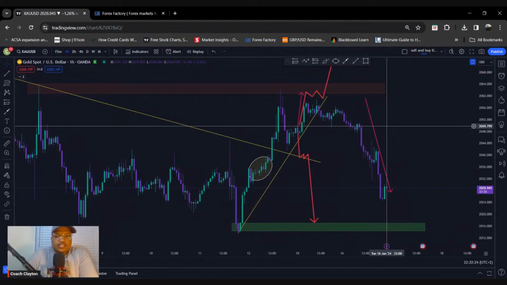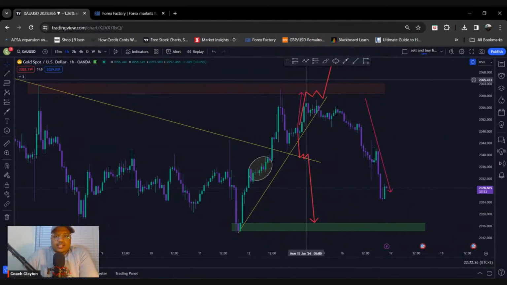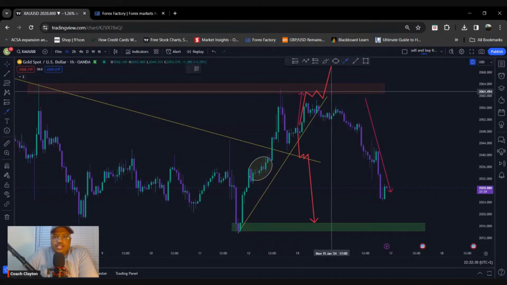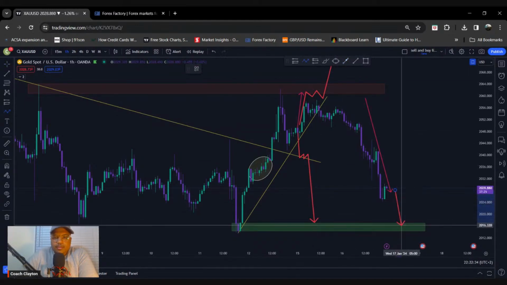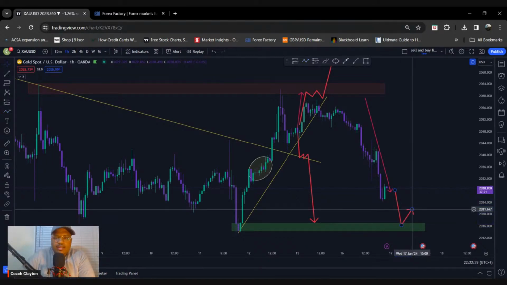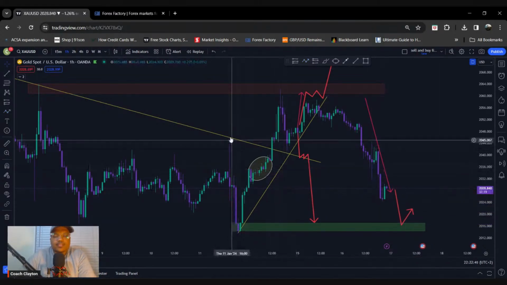Now, let me just say this as well. It also is most likely going to reach this particular demand zone, right? And have a little bit of a retracement.